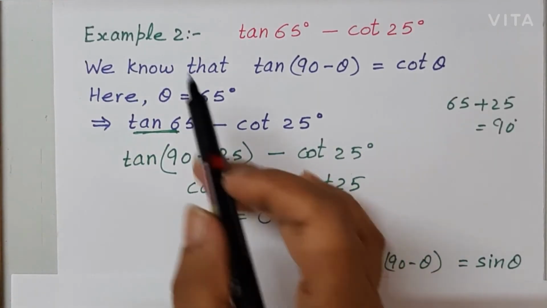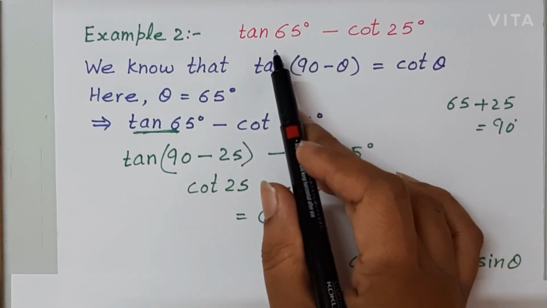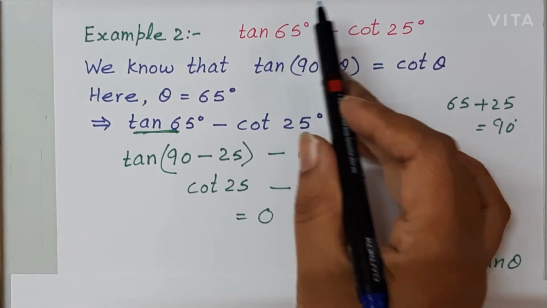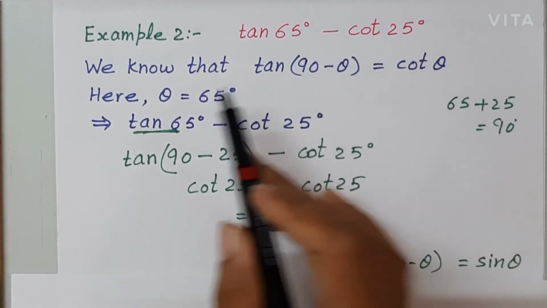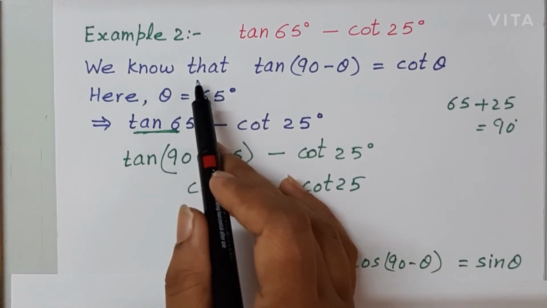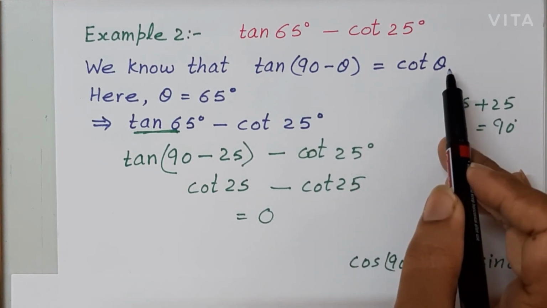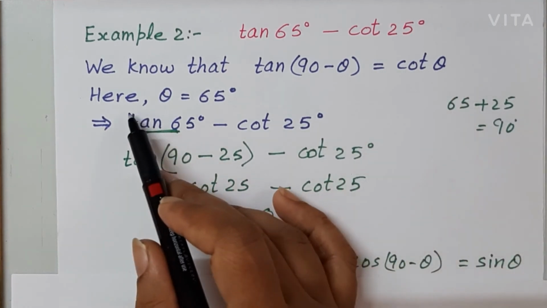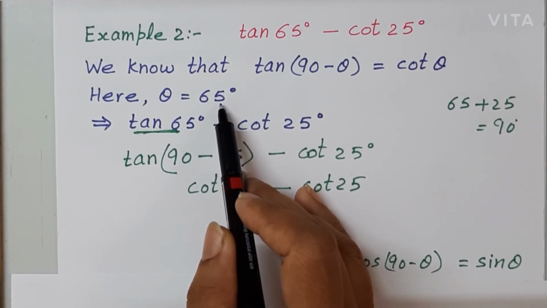Now let us see example number 2. What is example number 2 here? Tangent 65 degree minus cot 25 degree. So see students, what I have done here. We know that tangent 90 minus theta is cot theta, right? And here theta is how much given? 65 degree.